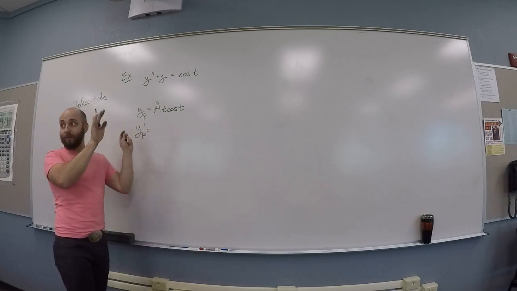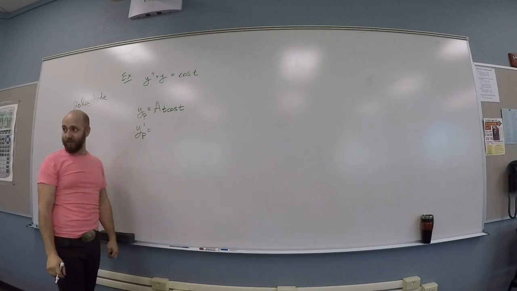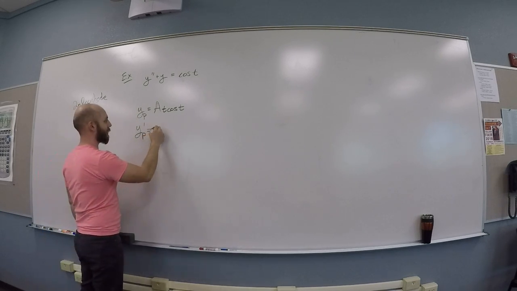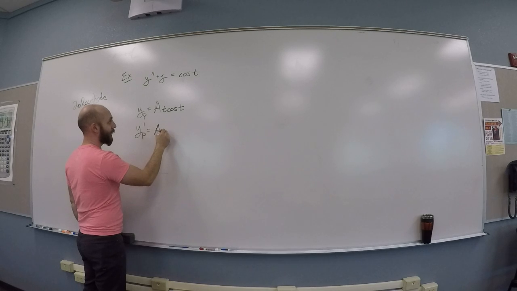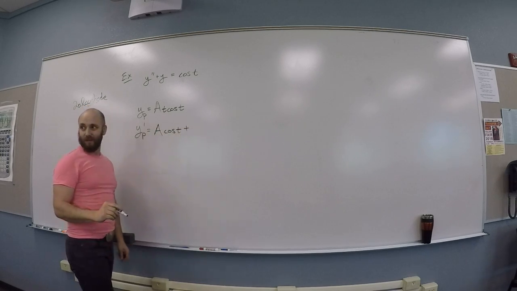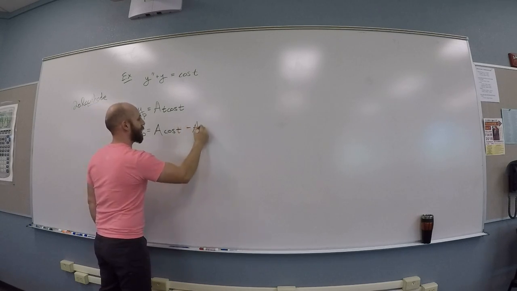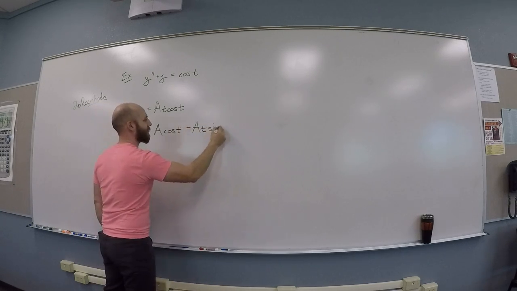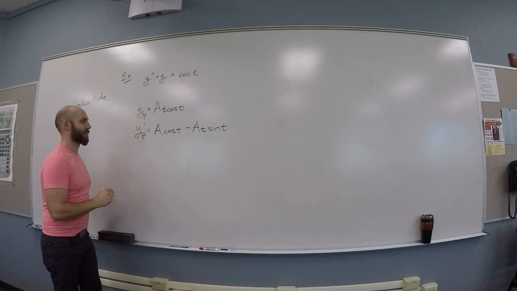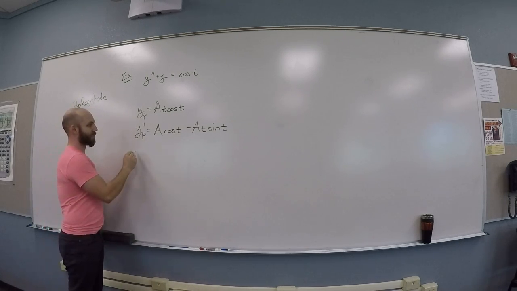I might have sign problems because I left the signs off of this. Cosine t, a cosine t. So you're going to get a cosine t plus t, negative a t sine t. Then product rule again.